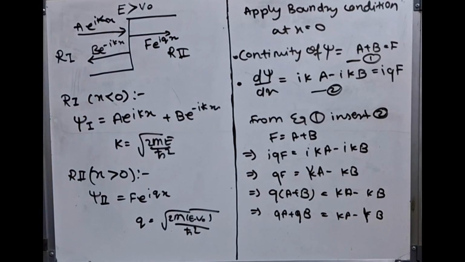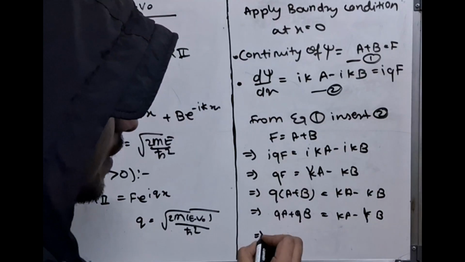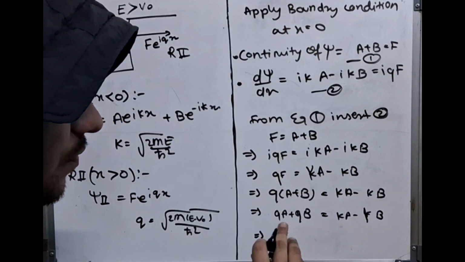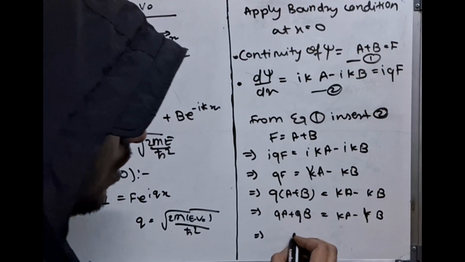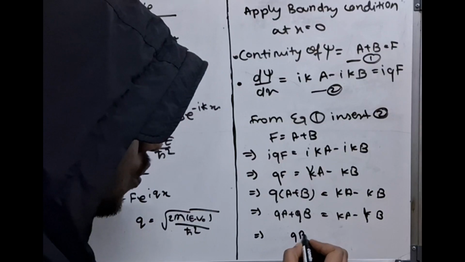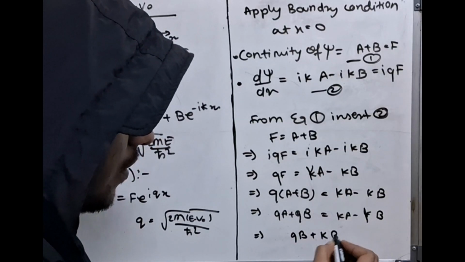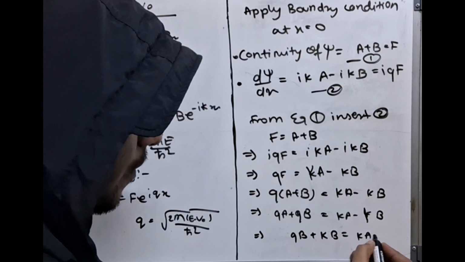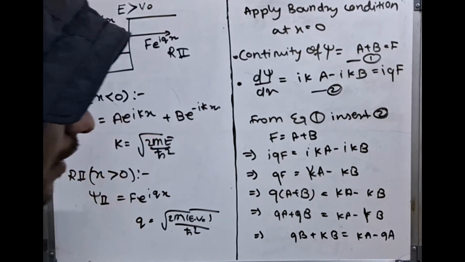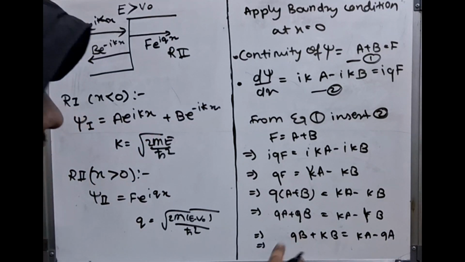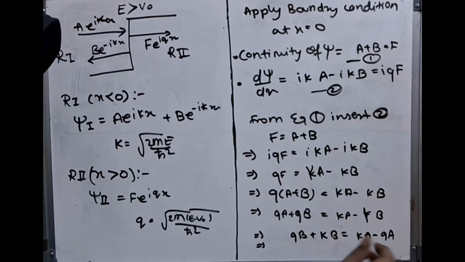And further, now we'll write this as, we can just take this on that side and this on this side. So this becomes Qb plus Kb is equal to Ka minus Qa, which we can write by taking B as common and A as common.